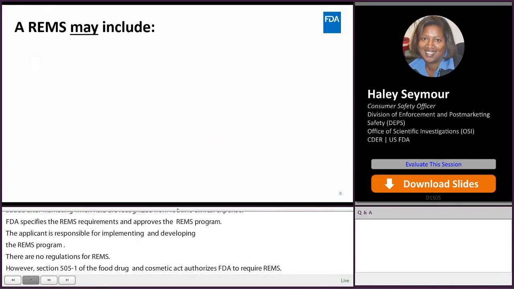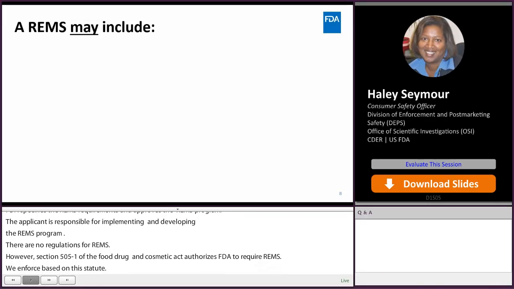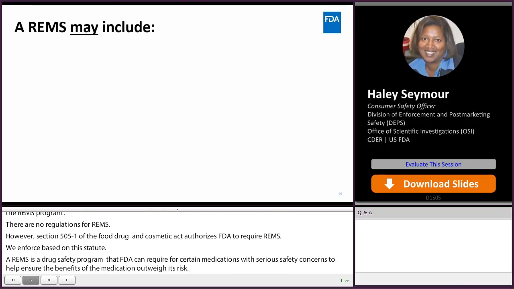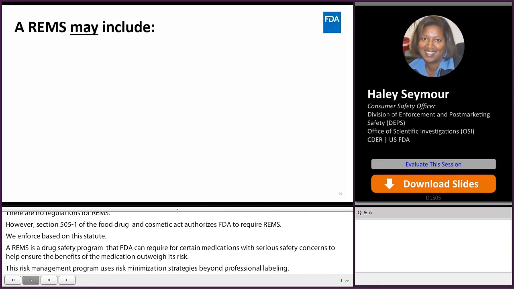A REMS is a drug safety program that FDA can require for certain medications with serious safety concerns to help ensure the benefits of the medication outweigh its risk. This risk management program uses risk minimization strategies beyond professional labeling. FDA can require different tools to mitigate the risk of the drug and attain the goals of the REMS.